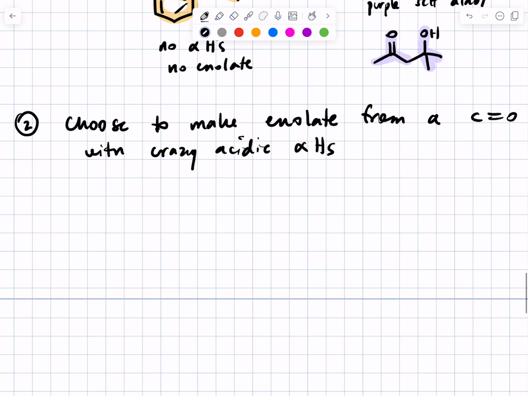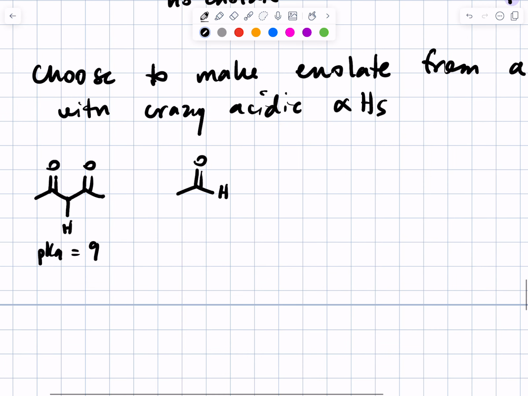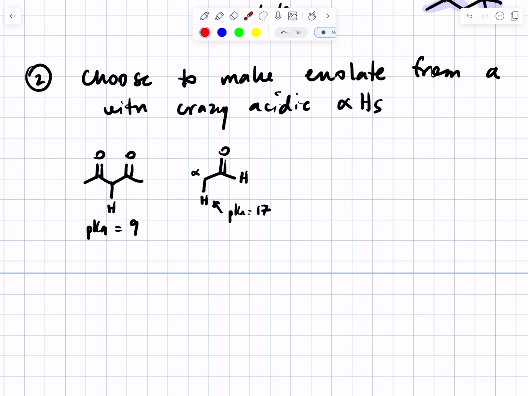An example of this would be to start with one of these beta dicarbonyl compounds where the pKa of the proton that's alpha to 2 carbonyls is around 9, and then to have your other partner, let's have it just be this aldehyde. The aldehyde still has alpha protons, but the aldehyde alpha proton has a pKa of 17, whereas the beta dicarbonyl compound has a pKa of 9.